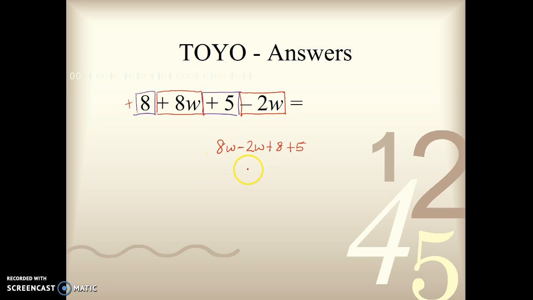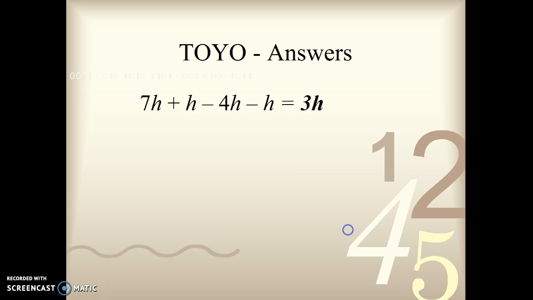Okay, so 8w minus 2w is going to equal 6w. And then 8 plus 5 equals 13. And that's your simplified expression, 6w plus 13.